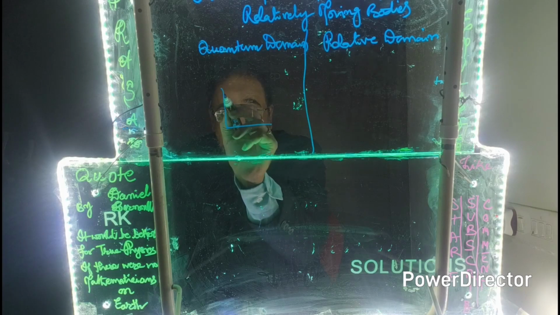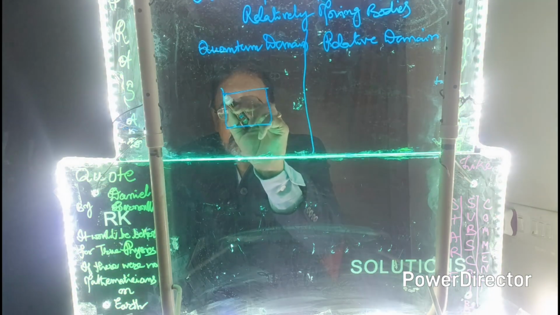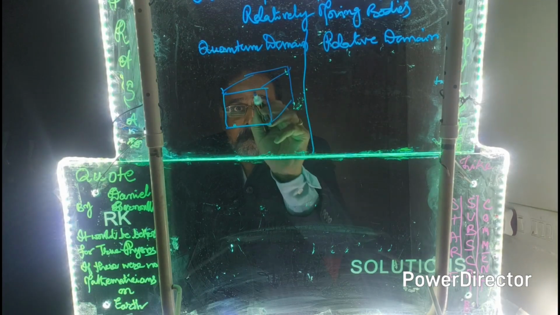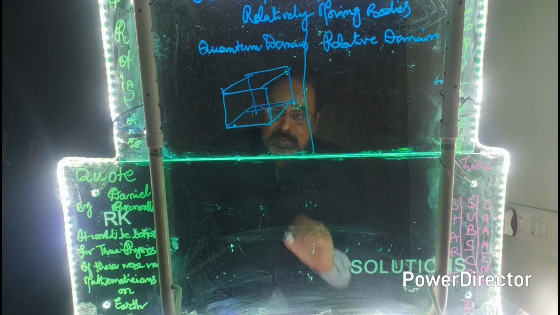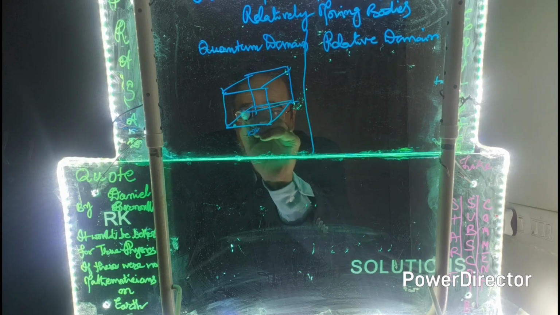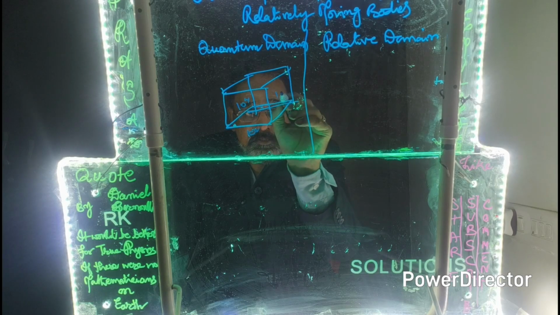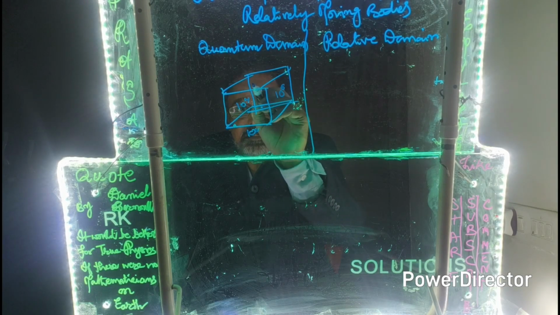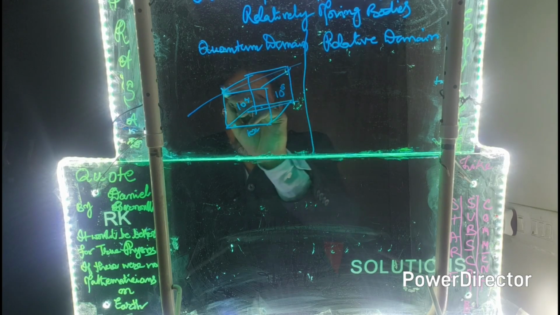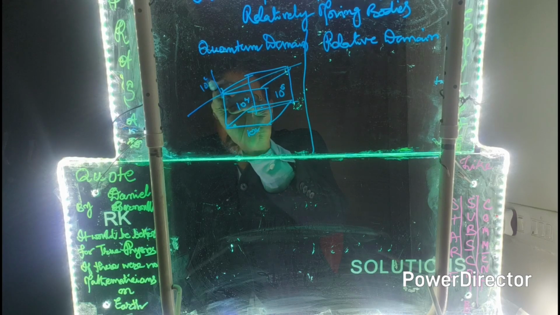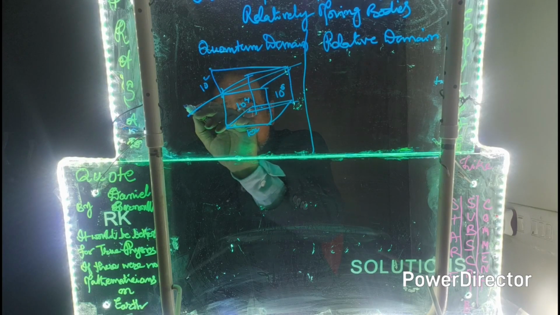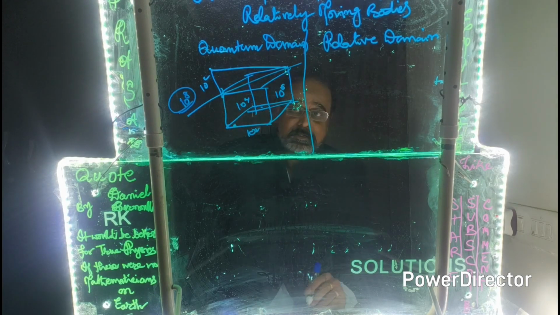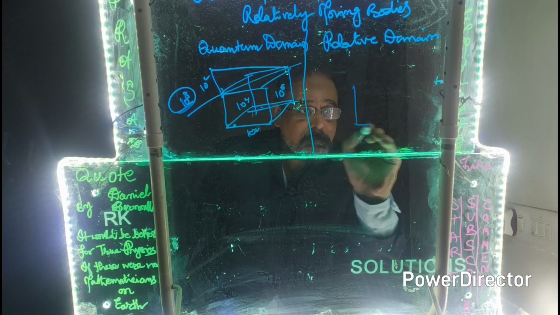Here, let's say this is 10 squared, I told you, 10 raised to 4, 10 raised to 6, the whole thing. And then we took one more 10 squared here, making the whole thing 10 raised to 8. That's what I told you last time.